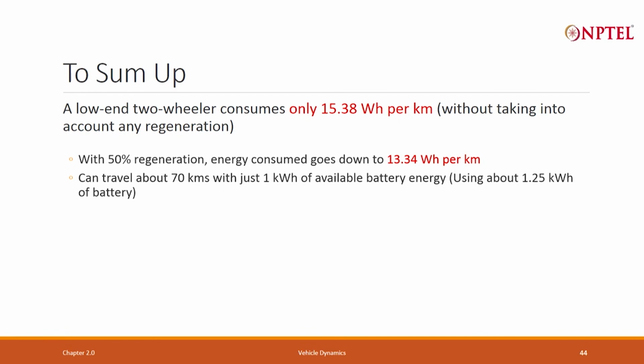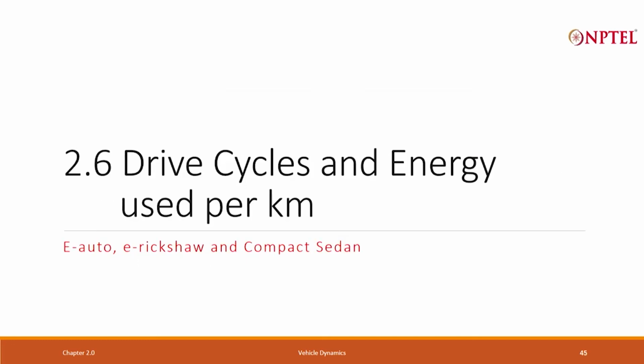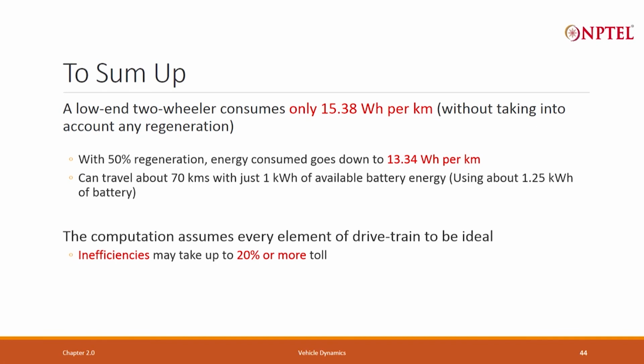We are only using 1 kilowatt hour of that. So, it can actually give me 70 kilometer with regeneration, but if the regeneration is not that good, it will not give me that. But as I point out, computation assumes that every element of the drive is ideal. Inefficiencies may add up to around 20%, and it does not take into account the auxiliary energy used.